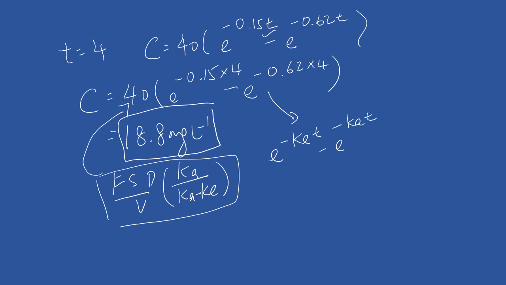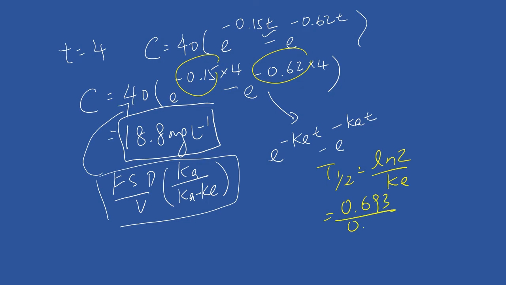The Ka and Ke are 0.62 and 0.15 respectively. So you can get the value for t half equal to ln 2 divided by Ke. So the Ke is 0.15, 0.693 divided by 0.15. Your answer will be 4.6 hours.